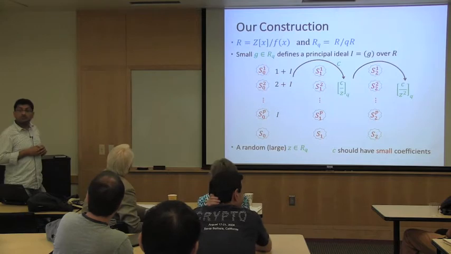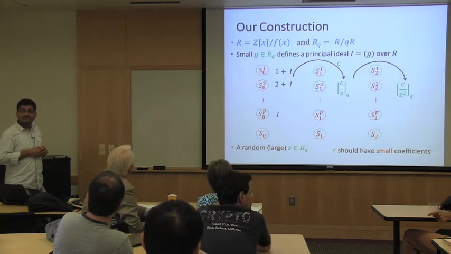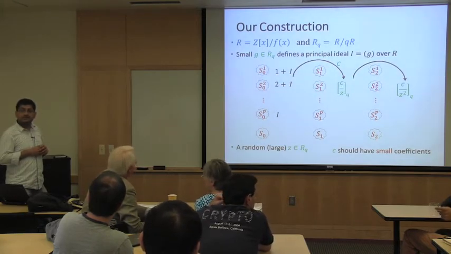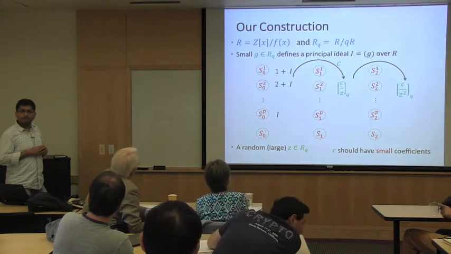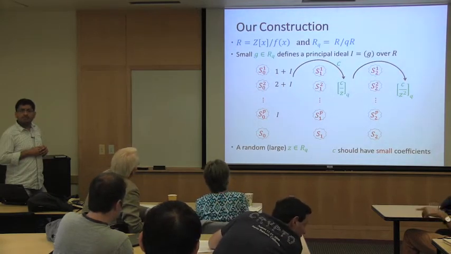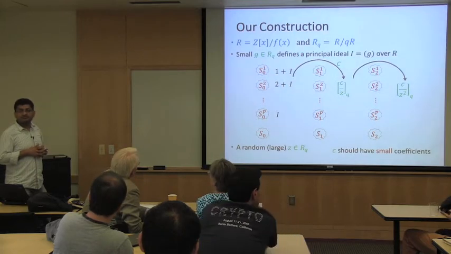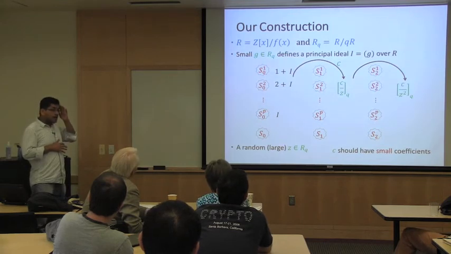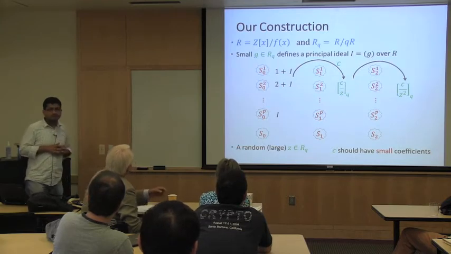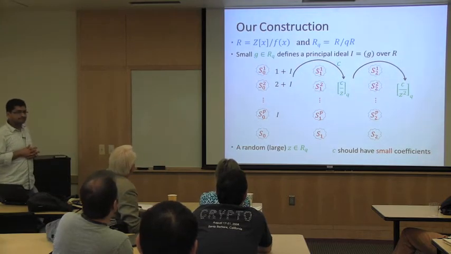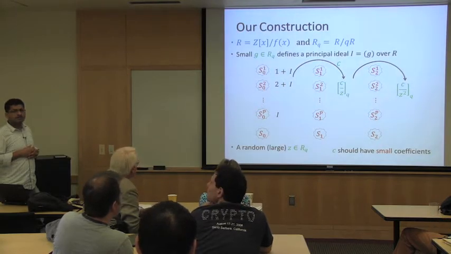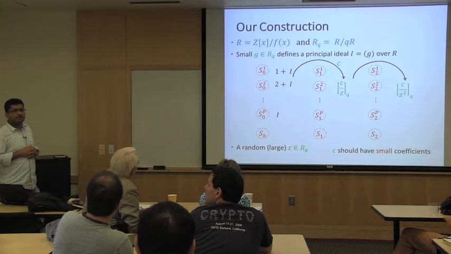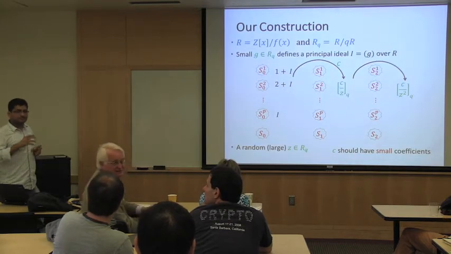C is supposed to be a small multiple of something? Yes. Z is not public, right? I can just represent the element by one, which is not necessarily small.